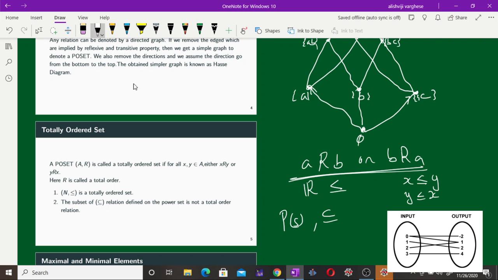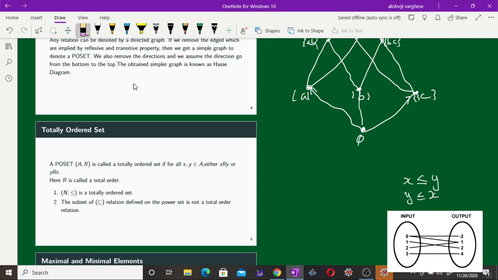If we take two elements, set A and set C, set A is not a subset of set C, and set C is not a subset of set A. So the subset-of relation is not a total order relation, but the less than or equal to relation defined on the set of all real numbers is a totally ordered set.